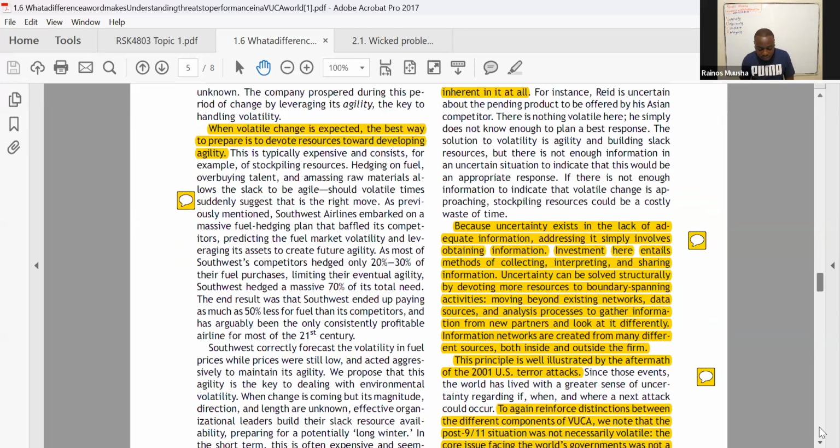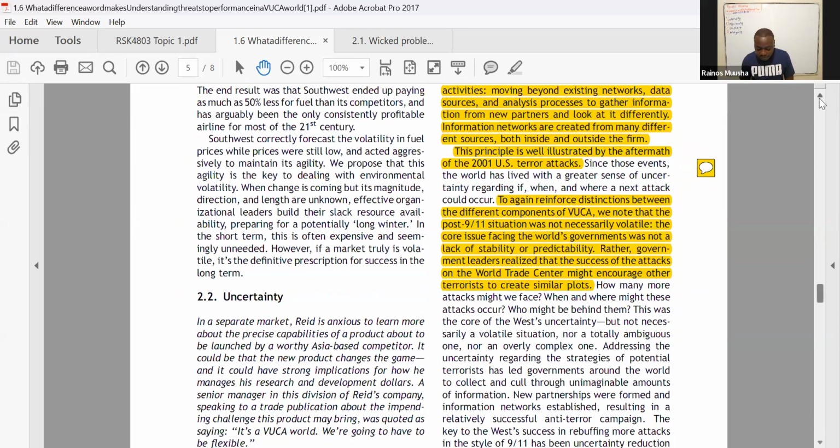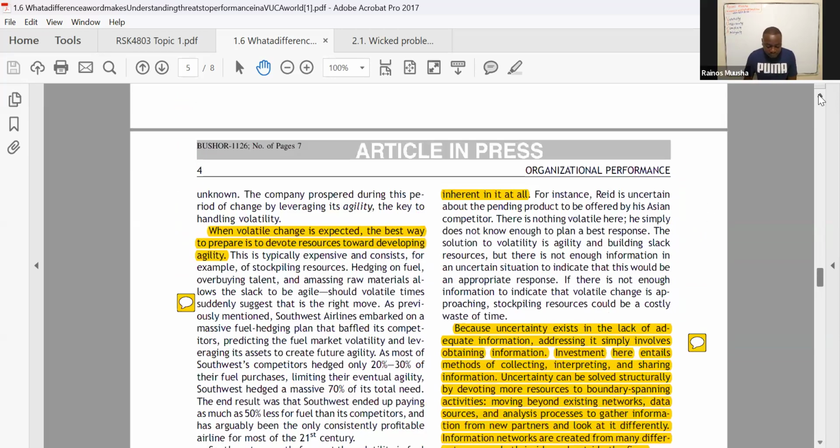So they also go on to say, when volatile change is expected, the best way to prepare is to devote resources towards developing agility. So the organization needs to have enough resources to keep up with these random swings in the market.